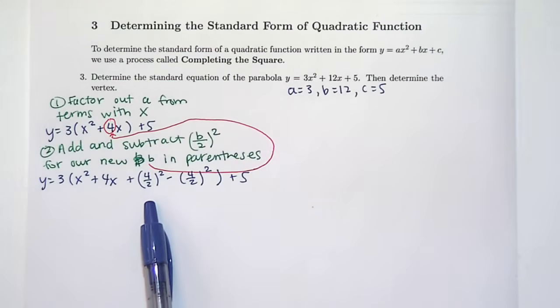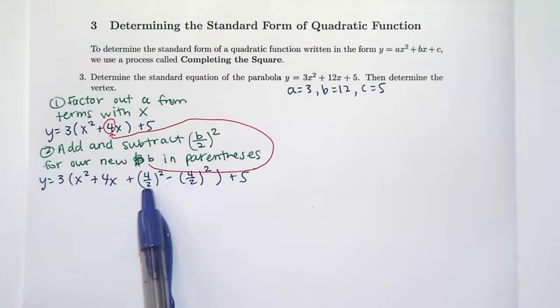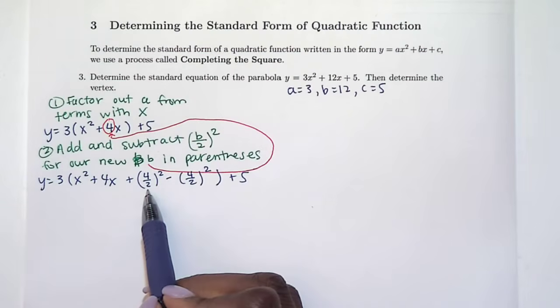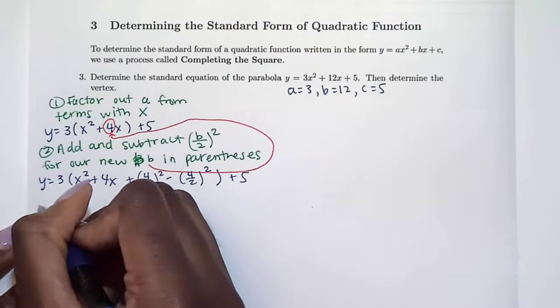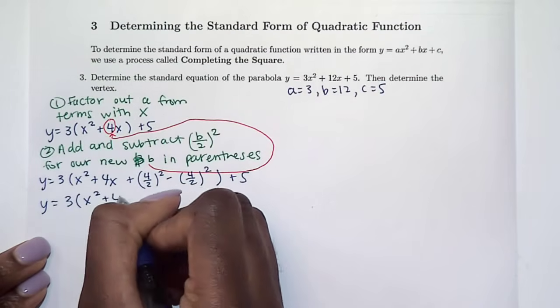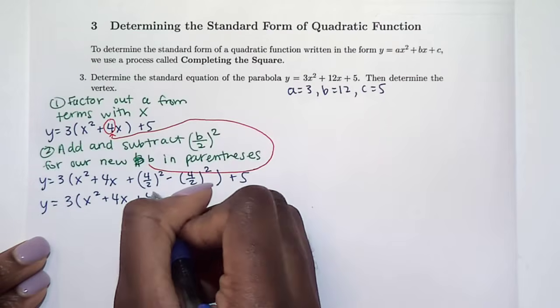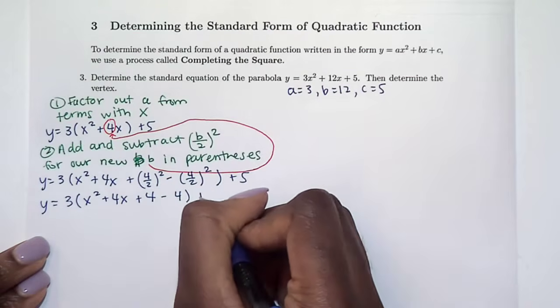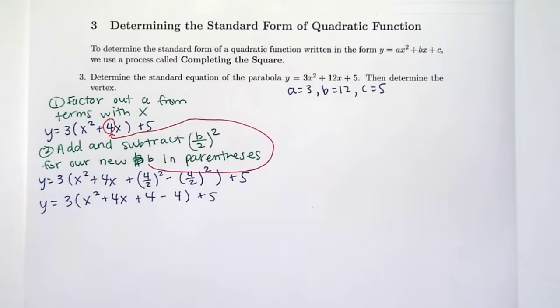We're just adding a 0. So again, we haven't changed the problem. I'm going to go ahead and simplify this. 4 divided by 2 is 2. Squared would be 4. So we just added and subtracted 4. All right, so that's the second step.